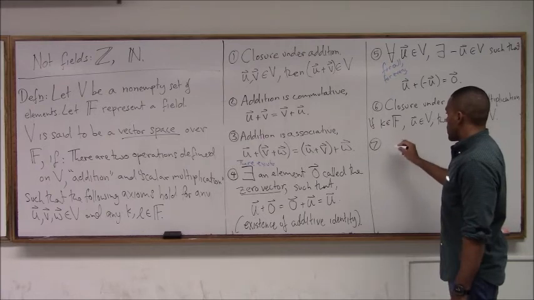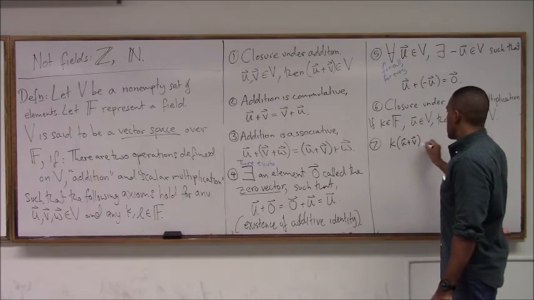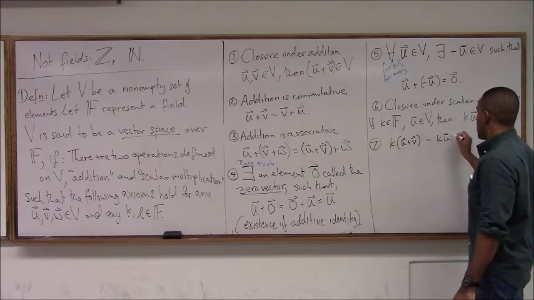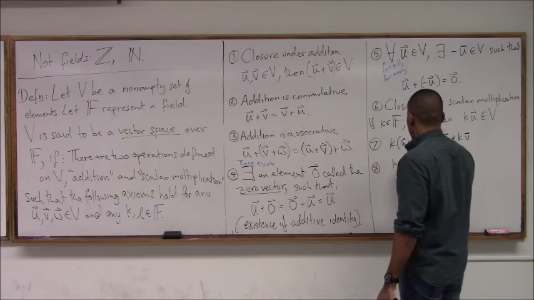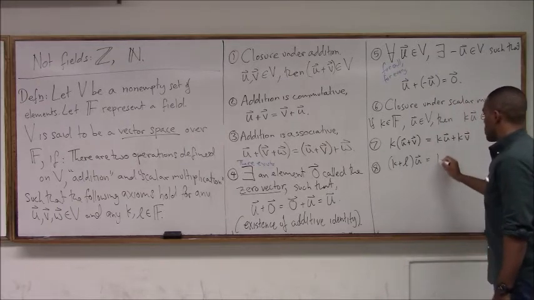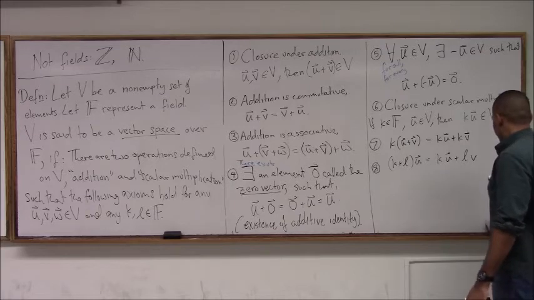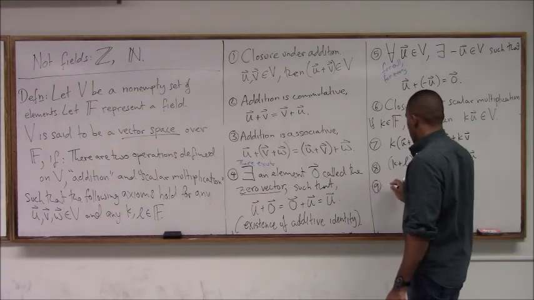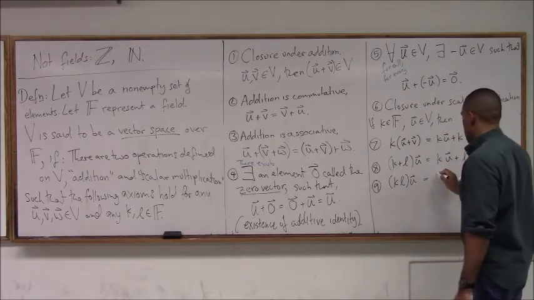Scalars distribute across vectors. So if I take k times u plus v, this is the same as ku plus kv. 8. It goes this way as well. The sum of scalars will distribute sum-wise. Nine. We have associativity of scalar multiplication, so this is the same as that.